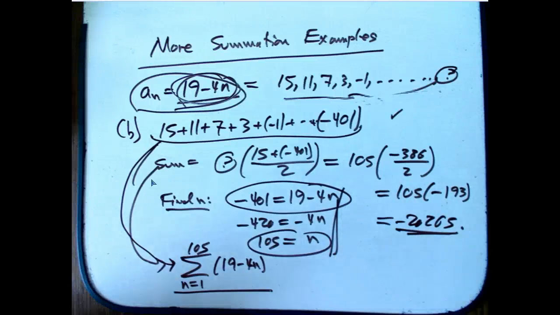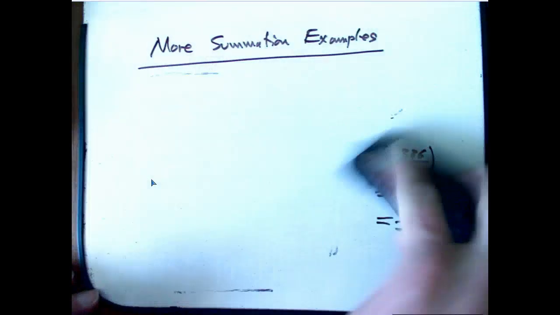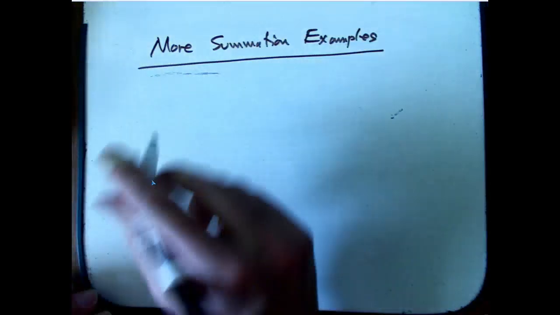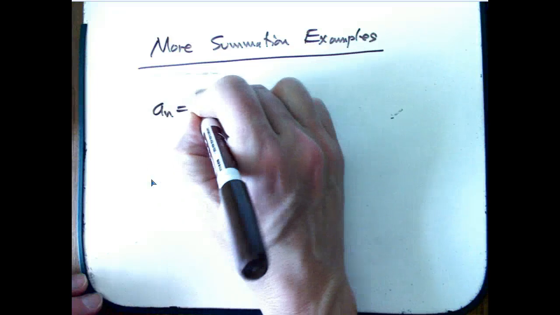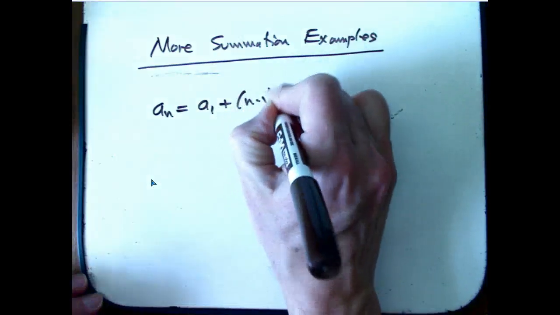One general thing, I want to focus mostly on examples here, but just remember the general formula for an arithmetic sequence: a sub n is a sub 1 plus n minus 1 times d.